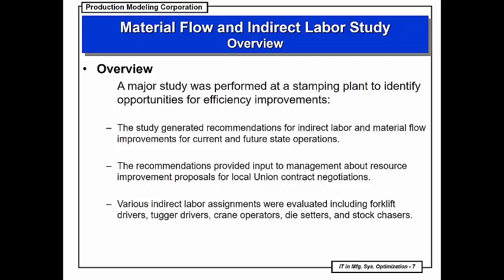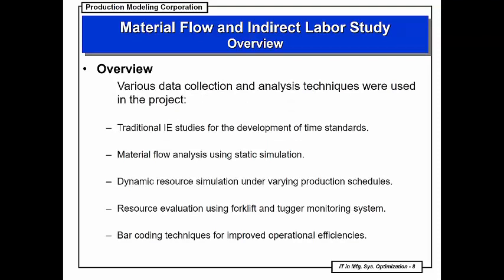The overview was basically to reduce your indirect labor and also improve the material flow, and look at various labor assignments, which include forklift truck drivers, stock chasers, people working in the warehouse, etc. In this project, we had to go there and perform all the IE studies, look at the warehouse, how the material was flowing from the warehouse to any intermediate market storage, and from there how it was flowing to the line.